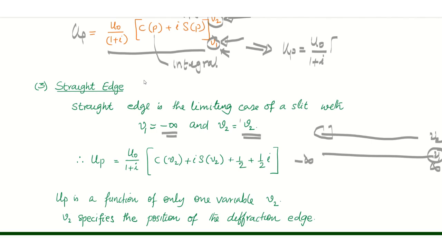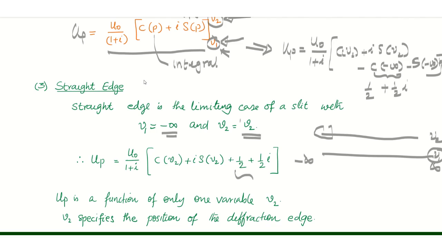That means C V2 plus I S V2 minus I minus C minus infinity minus I S minus infinity. And this is minus half, minus minus half, that is half, and minus minus half I. There is an I here.